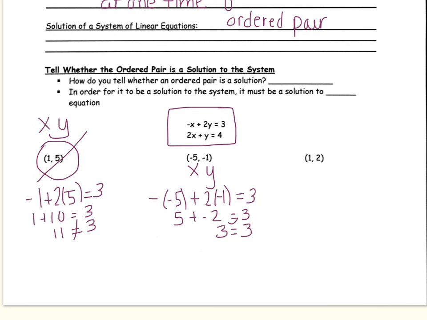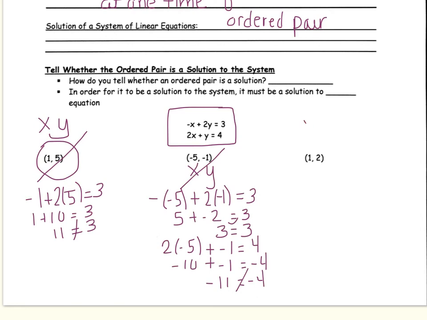Yes. Now I need to check it in the next equation. 2 times negative 5 plus negative 1, does that equal 4? Well, that's negative 10 plus negative 1. Does that equal negative 4? Does negative 11 equal negative 4? No. So it looked like it was going to be good, but in the end, it was not.